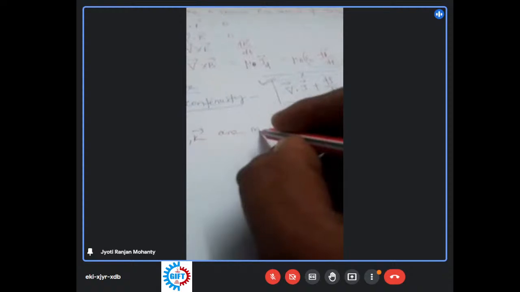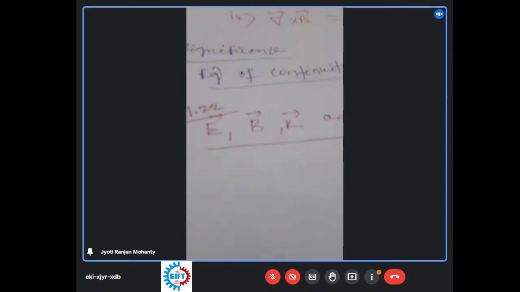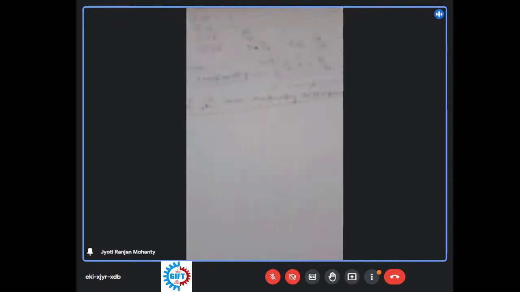E for electric field, B for magnetic field, and K are mutually orthogonal. Everybody, give the heading: E for electric field, B for magnetic field, and K, all are mutually perpendicular. Okay, understood?